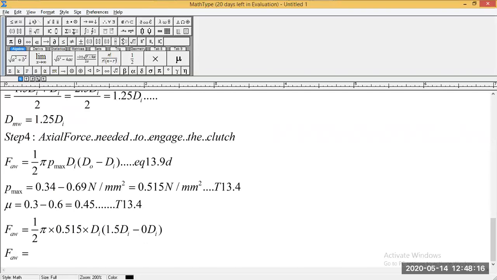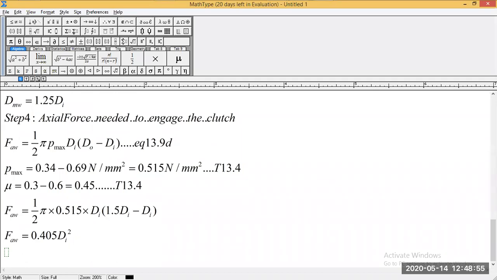FAW will be 0.40405 times di squared, because you already have one di here, that is the internal diameter. There's one more here, which will amount to a square. So we can't do anything else. Let's keep it like this for now.